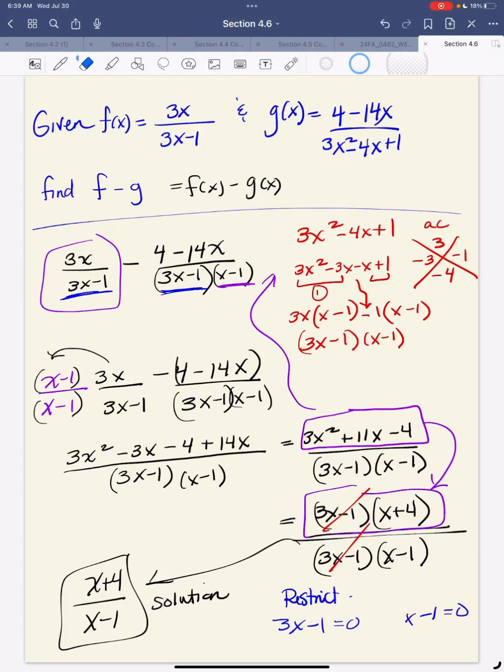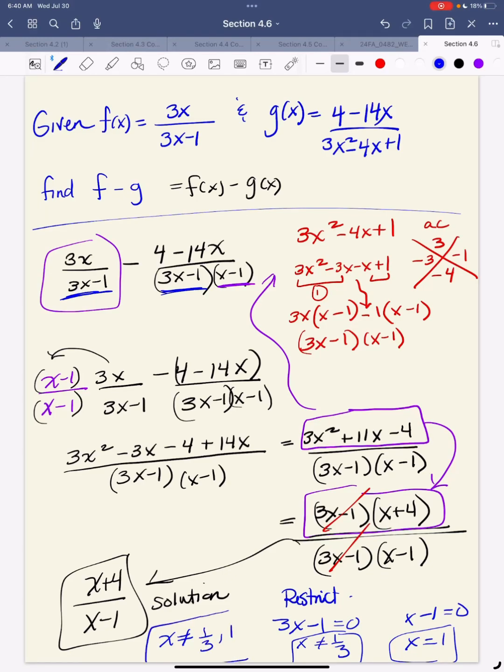In doing so, you'll find that x here will be equal to 1/3, and here x will be equal to 1. So these are the values of x that would make that denominator 0. So we cannot have 1/3 nor 1 in for x, because that would make the denominator 0, hence undefined.